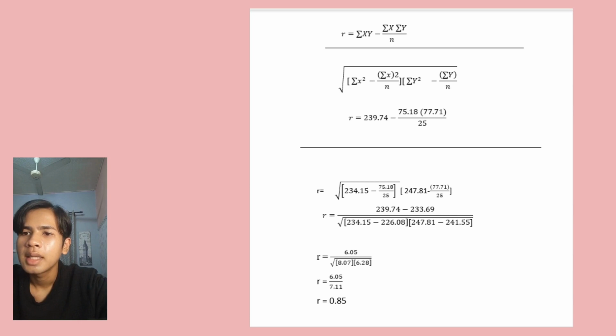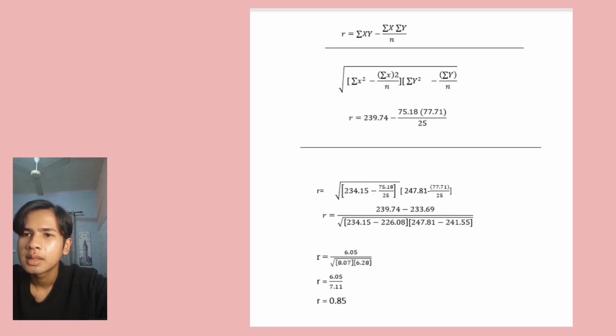233.69, over the square root of the bracket 234.15 minus 226.08, and the bracket 247.1181 minus 241.55.